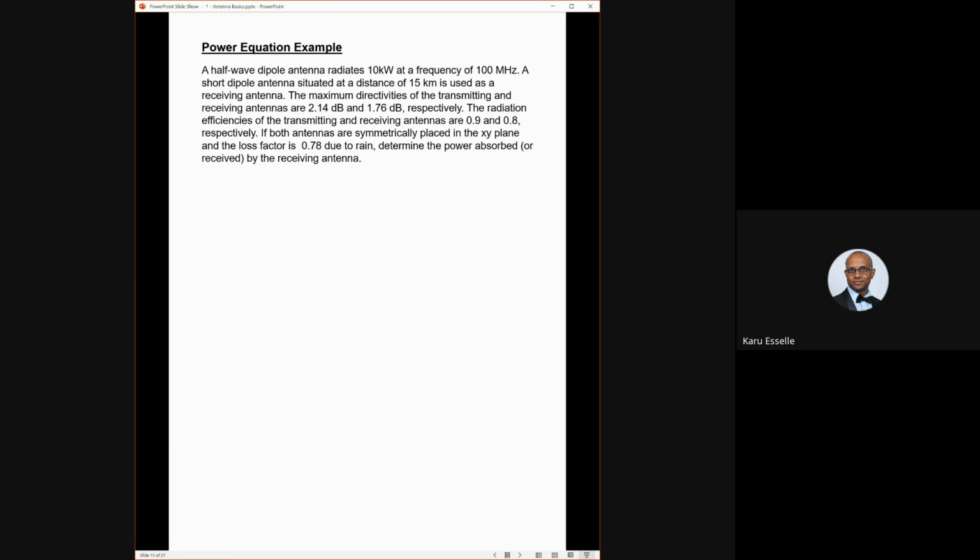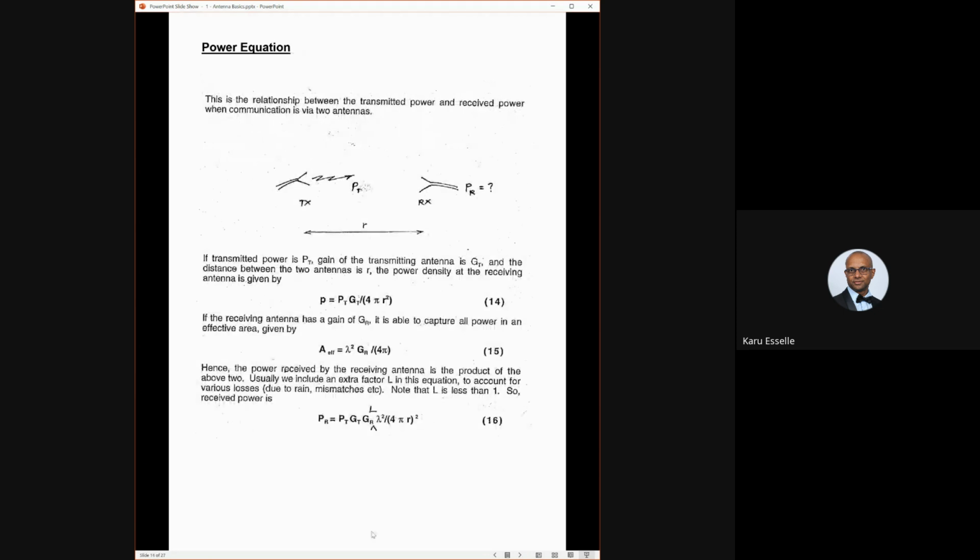Take a snapshot or a photo, and it's simple substitution, except that we have to convert everything into proper units. If you use this equation, the gain values should be linear gain, not decibels. Everything should be in metric.